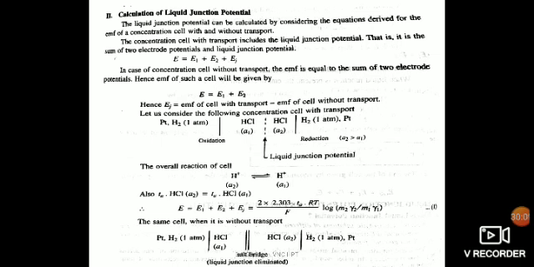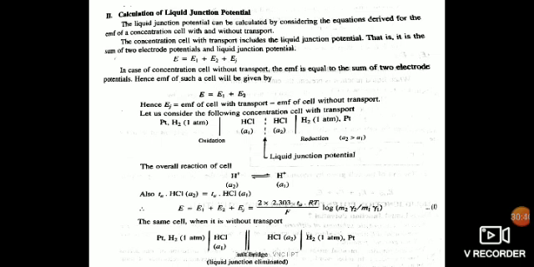The same cell without transport: we are using a salt bridge, and that's how liquid junction potential is eliminated. The representation is platinum, H2 1 atmosphere, HCl of activity A1, then a salt bridge, then HCl of activity A2, H2 at 1 atmospheric pressure, platinum. You can observe here that HCl of activity A1 and HCl of activity A2 are not in direct contact.